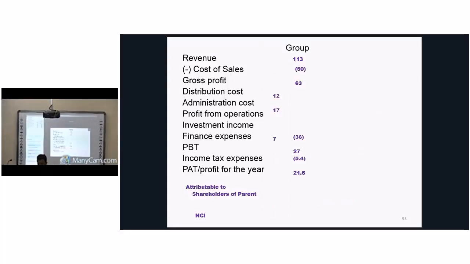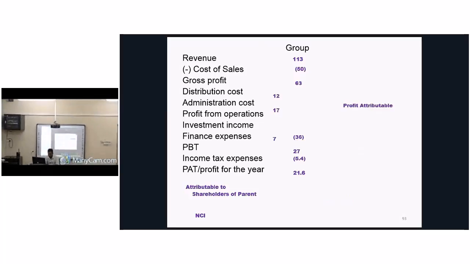Profit attributable to NCI equals NCI profit for the year plus or minus adjustments if any, into group percentage.